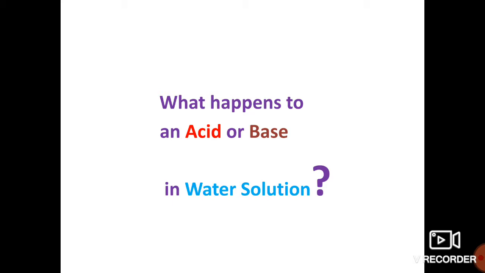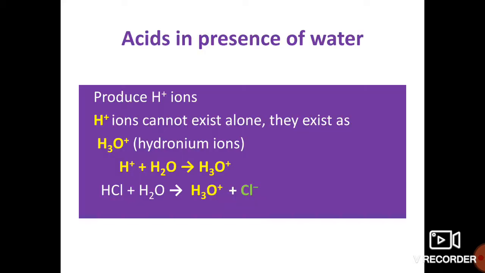What happens to an acid or base in water solution? Acids in presence of water produce H plus ions. H plus ions cannot exist alone. They exist as H3O plus or hydronium ions.